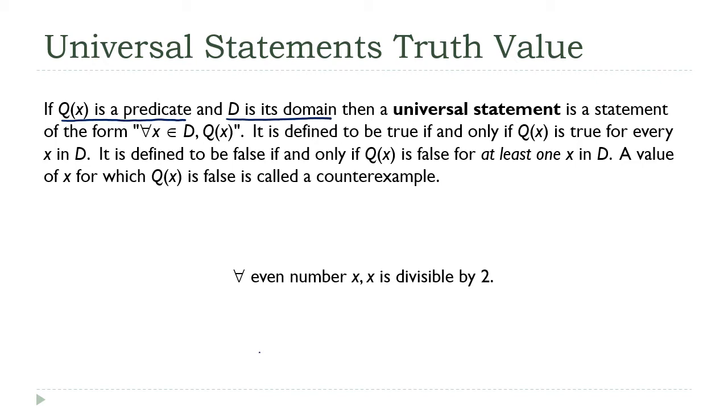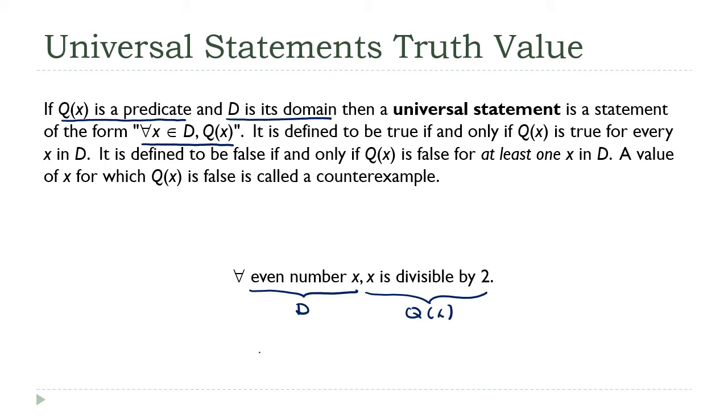Now, referring back to our previous example, even numbers is the domain, and x is divisible by 2 is the predicate. Right, so the next part of the definition just sets up the notation, which we've seen already. So I would read this, for every x in D, we have Q of x.